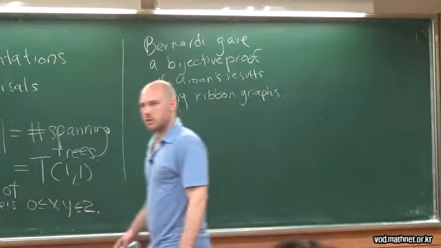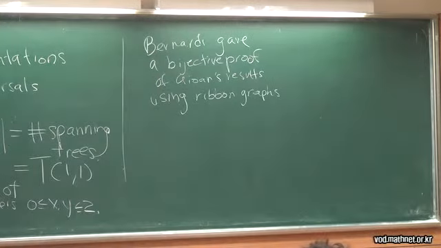I need to know what ribbon graphs are. No, it's just for specialists maybe. What it is, you fix a cyclic order of the edges around each vertex. And so what this essentially does is it gives you a combinatorial embedding of your graph into an orientable surface.